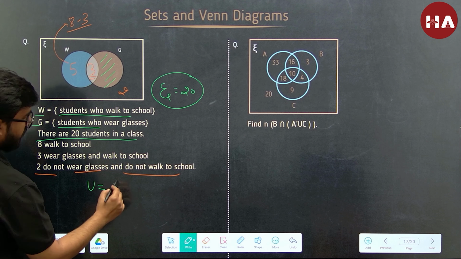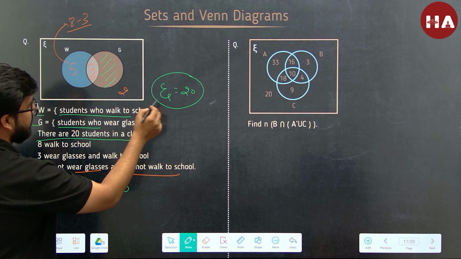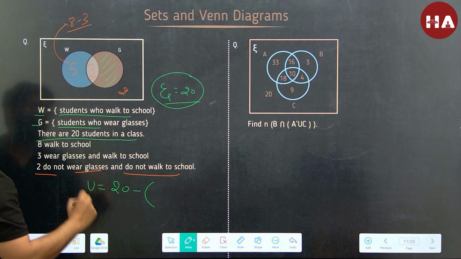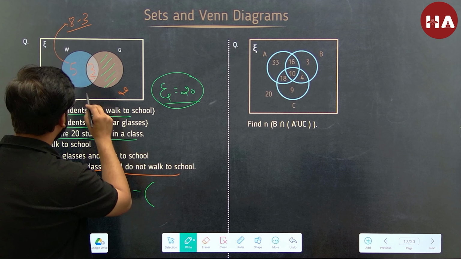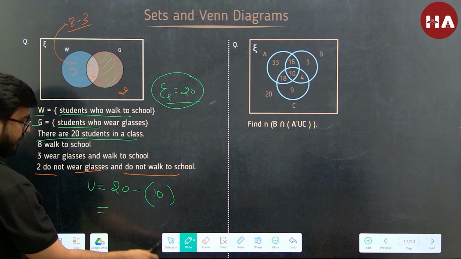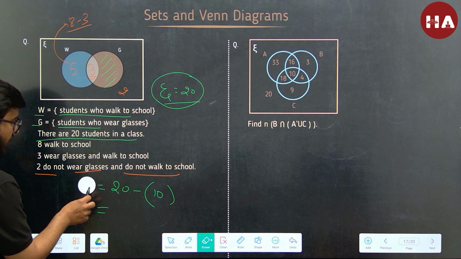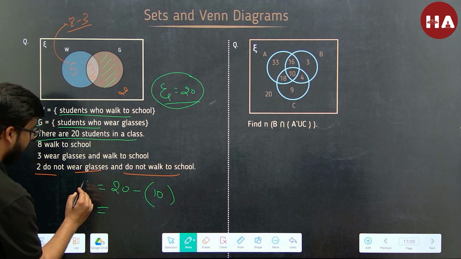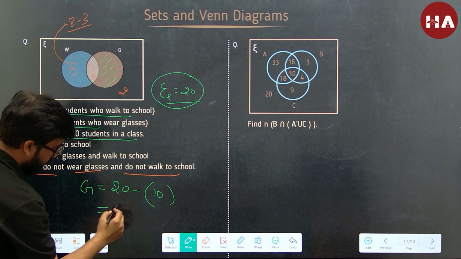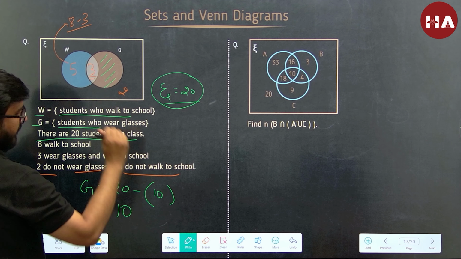So this will be what, students? 20 is the whole number, minus 2, 3 and 5. So this is coming to be what, students? 8 and 10. This value will give the value of G only. So the value of G is coming to be 10.